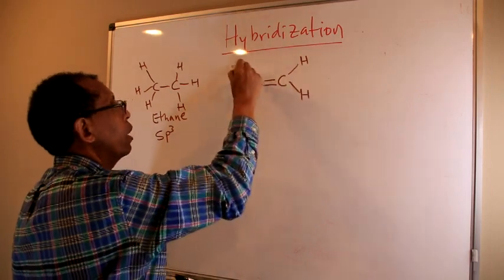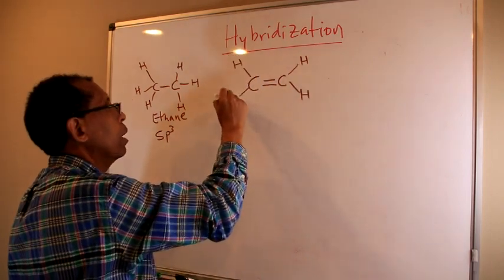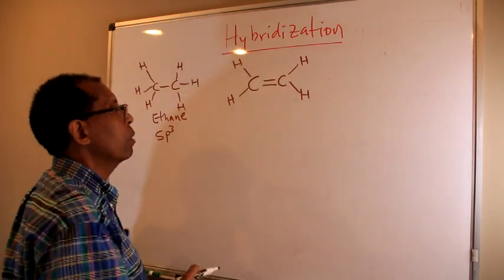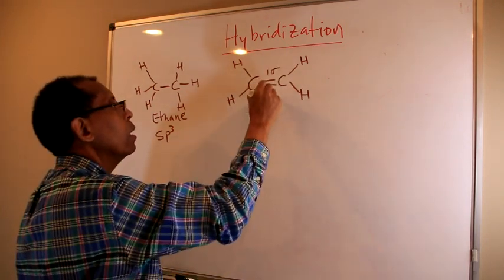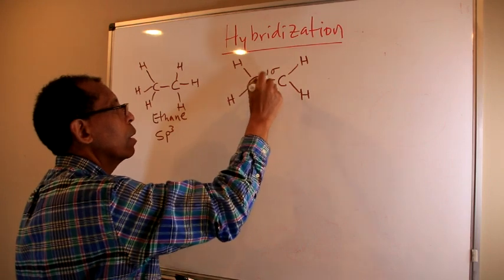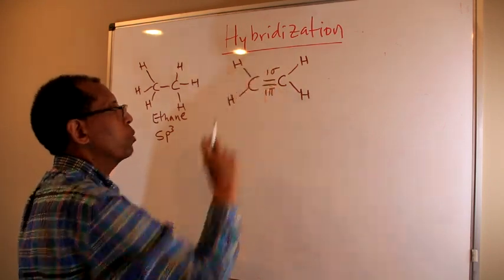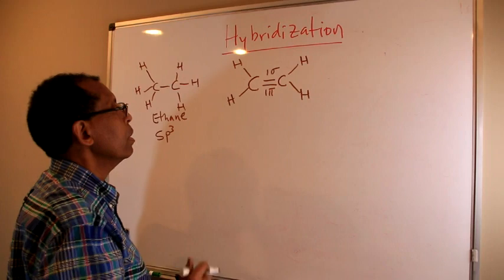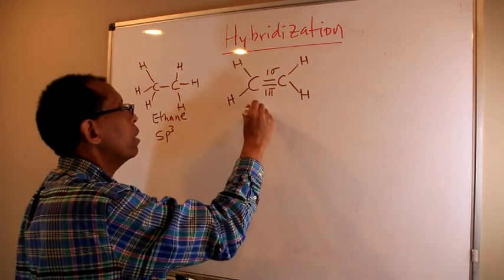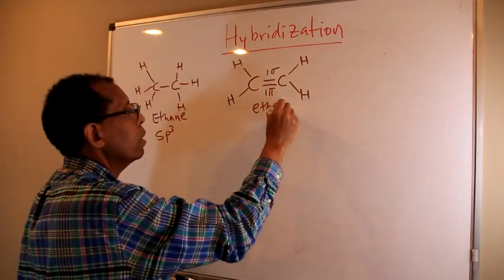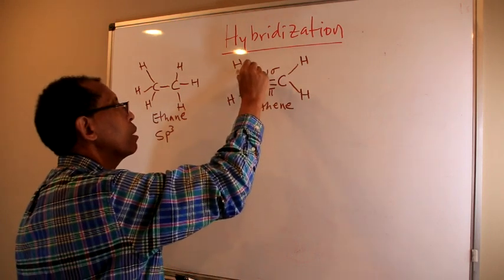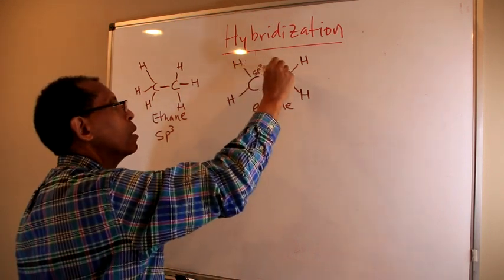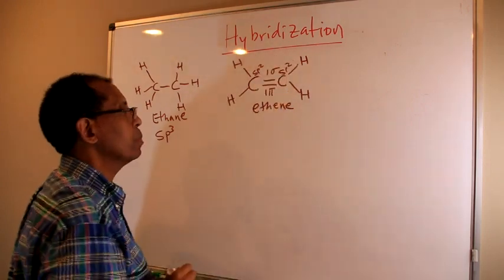Here, for example, ethene, with 1 double bond and 1 single bond across. This has 1 sigma and 1 pi here. Exactly, those make a double bond, and it's called ethene, an alkene. And the hybridization for this carbon is sp2. This carbon is sp2.